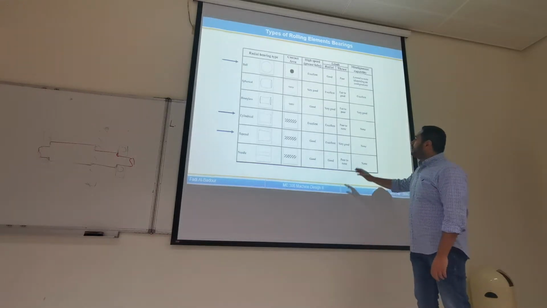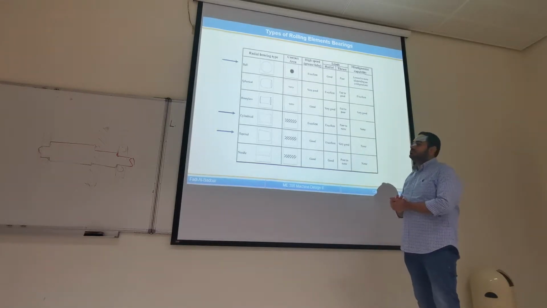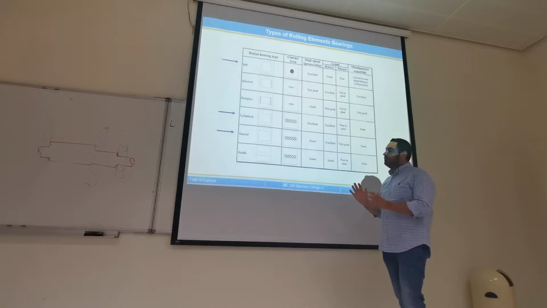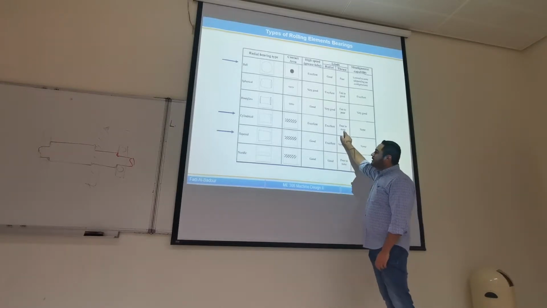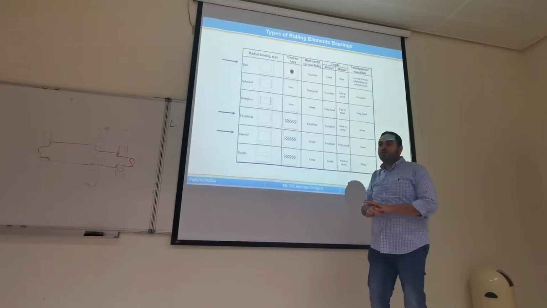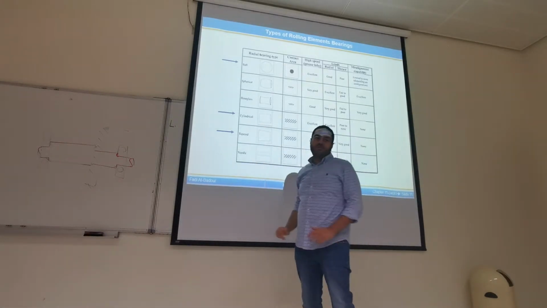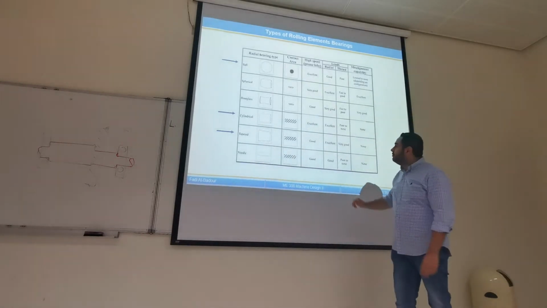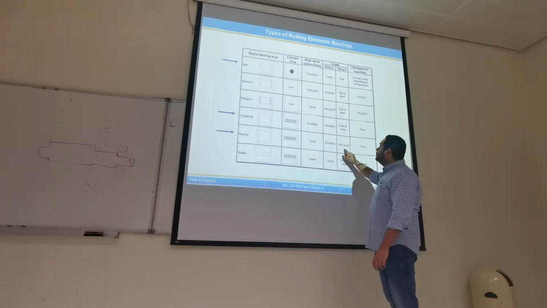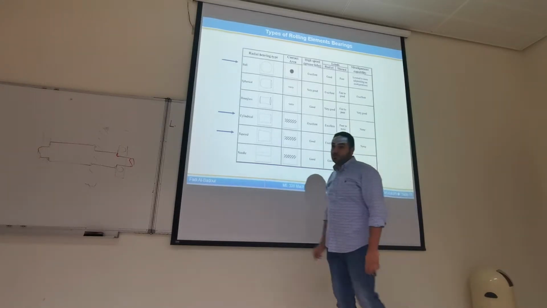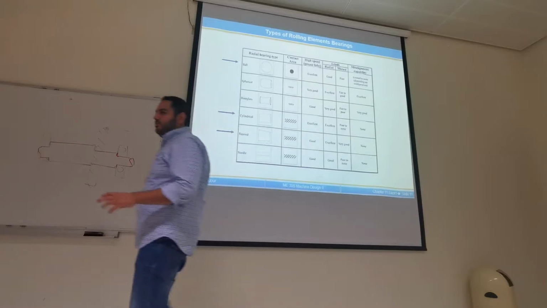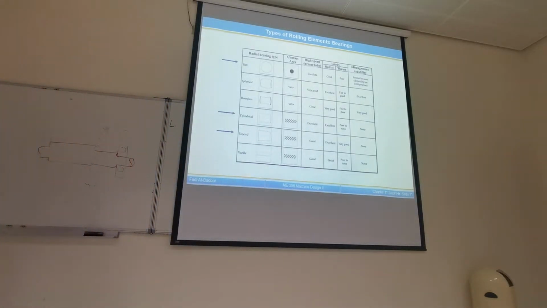Now, when I look at the thrust load, the scenario is different. Cylindrical is poor or none, a cylindrical roller bearing cannot carry thrust load. But for tapered roller bearing, it's very good, and the ball bearing is poor. Does that mean the ball bearing cannot carry thrust load? No, it can carry, but not very high thrust load, and the thrust load is not comparable to the radial load.